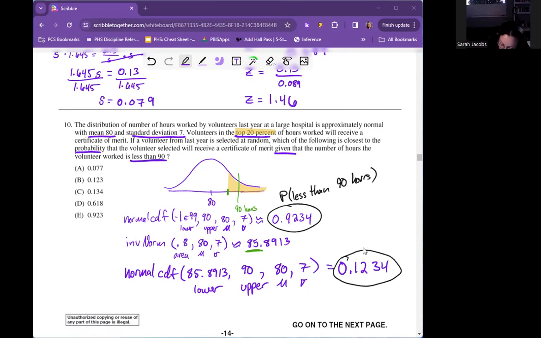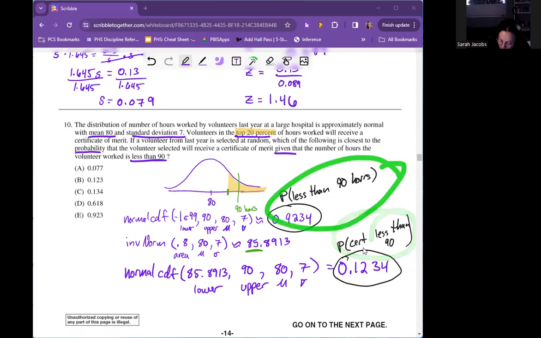This is the probability of getting a certificate of merit when you've worked less than 90 hours or volunteered. So we want to know the probability of getting the certificate given that you worked less than 90 hours.